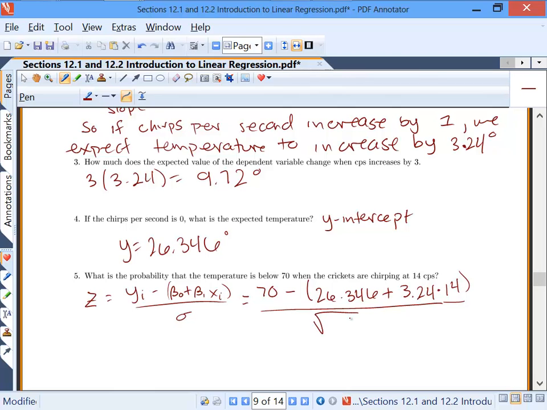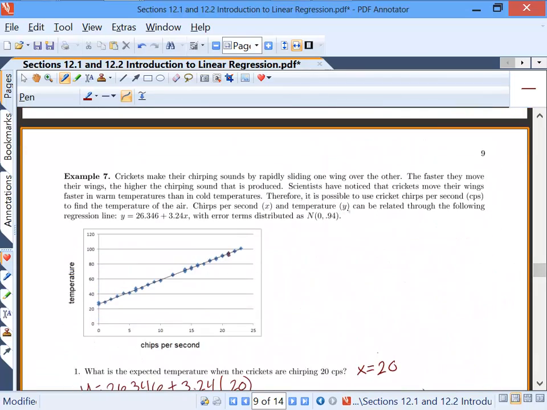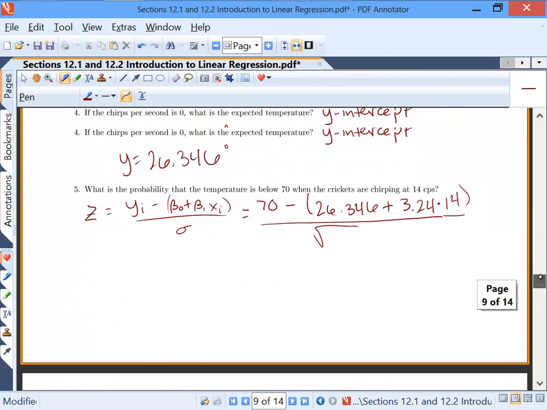The 0.94 is just given in the problem statement, and that is our variance, our sigma squared, so we need to just take the square root. Remember 1.76?